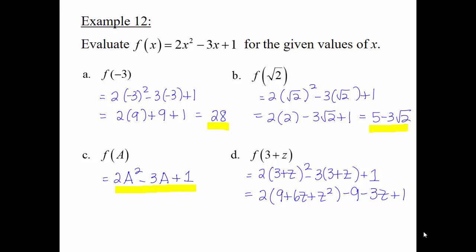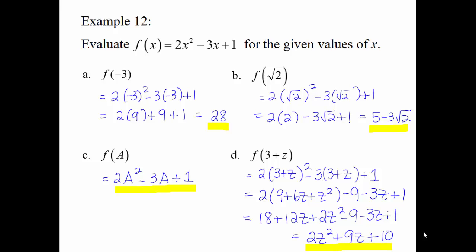Then distributing the -3, you have minus 9 minus 3z and plus 1. You're going to have to multiply 2 by all of the first parentheses. Combine any z squareds, any z's, and any constants to get a trinomial, and you end up with 2z squared plus 9z plus 10. So that one's harder.